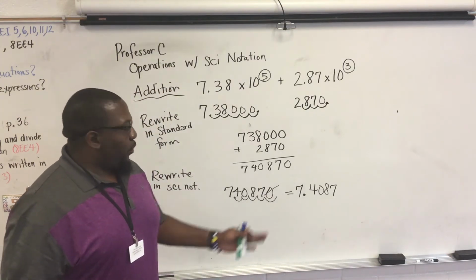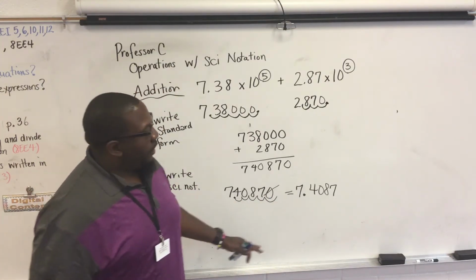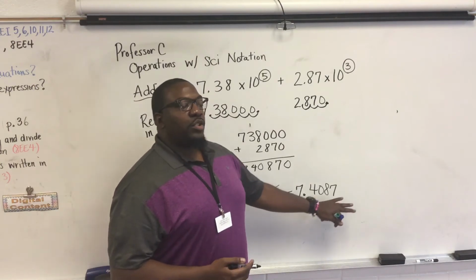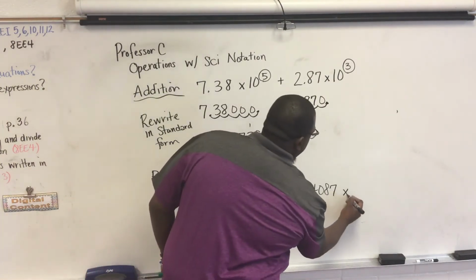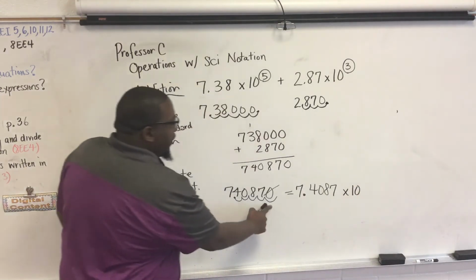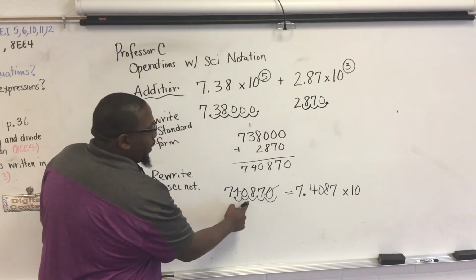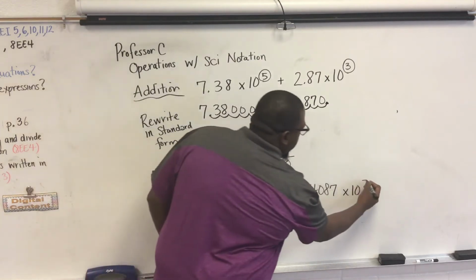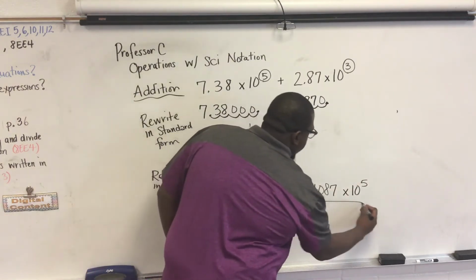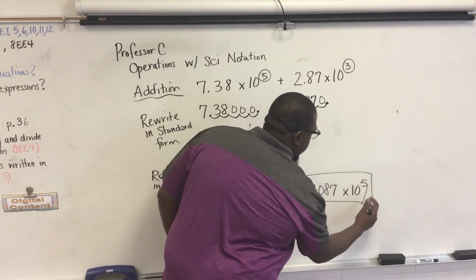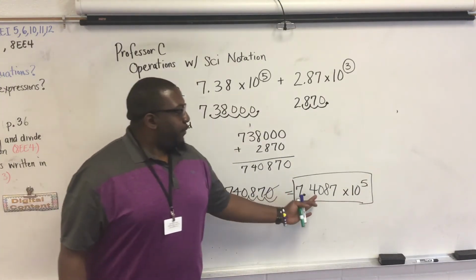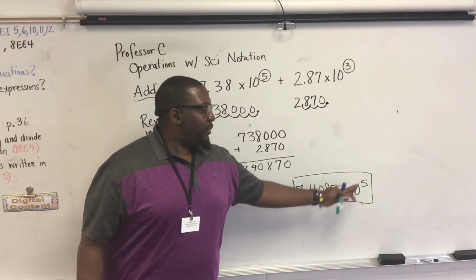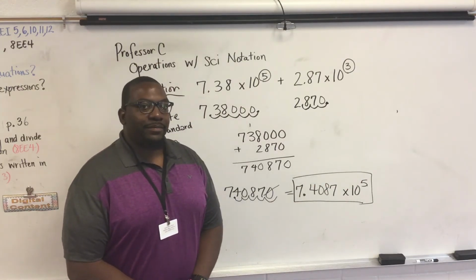All we used it for was to count how many places we have, but in scientific notation, trailing zeros are not necessary. And I counted 5 places, 1, 2, 3, 4, 5. So my final answer is 7.4087 times 10 to the 5th power.